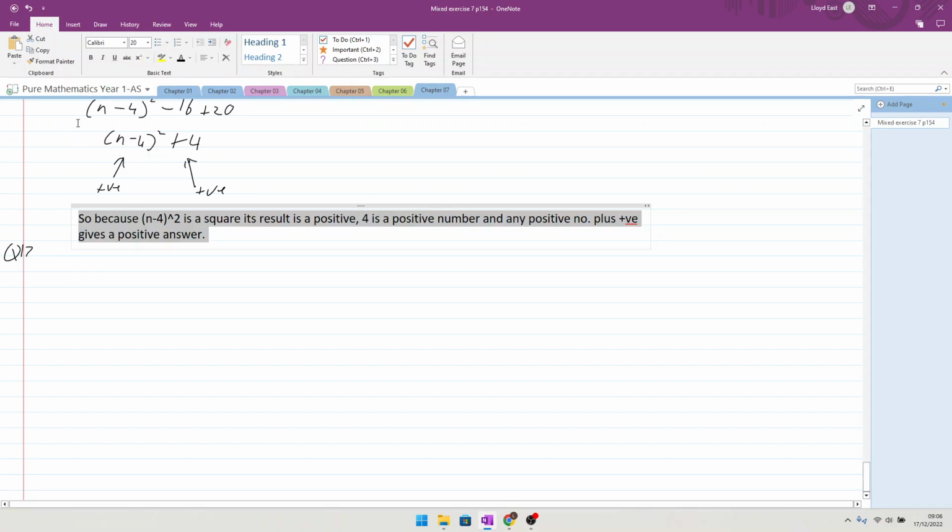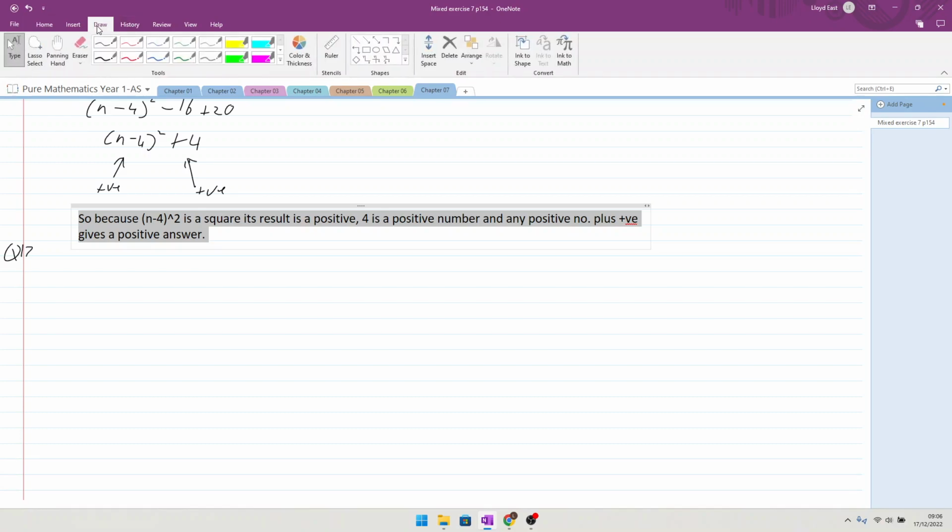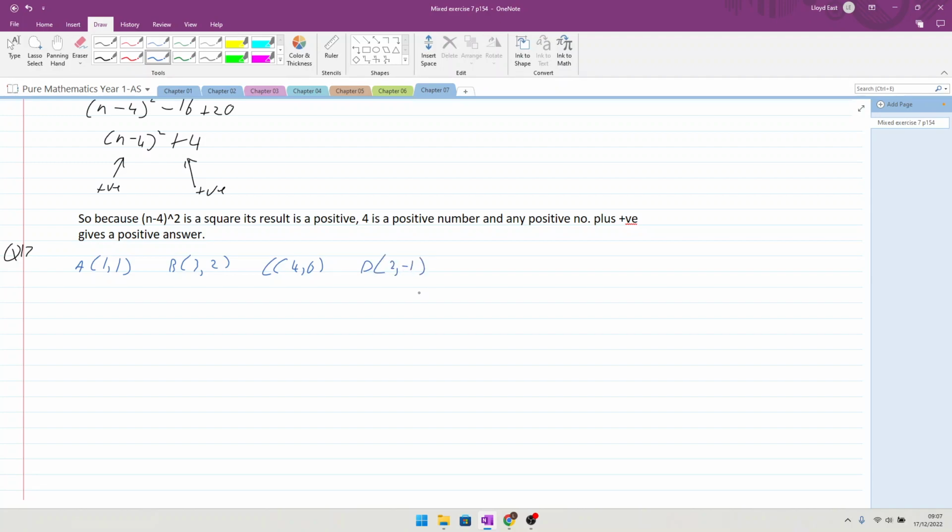Something to that extent at least. All right, so now question 17. Prove that the quadrilateral made by the points A(1,1), B(3,2), C(4,0) and D(2,-1) is a square.